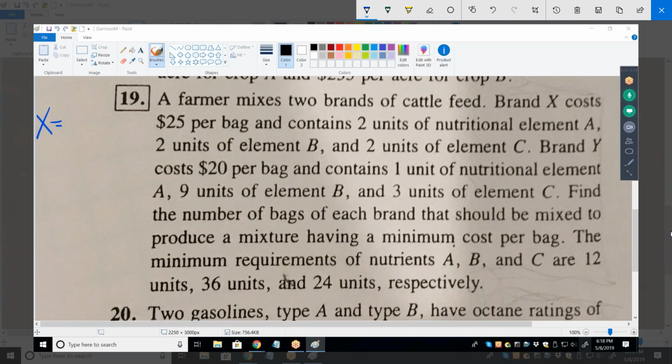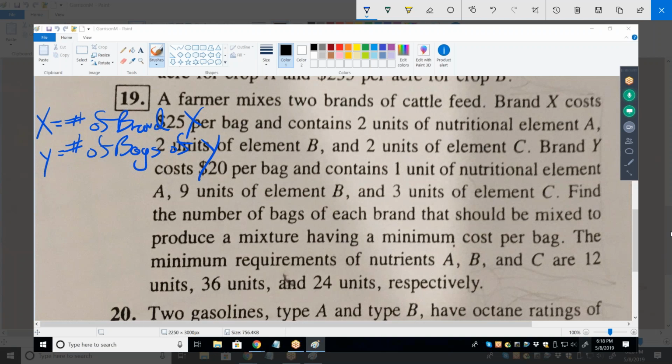Y is the number of bags of brand Y. That's the only 2 variables.